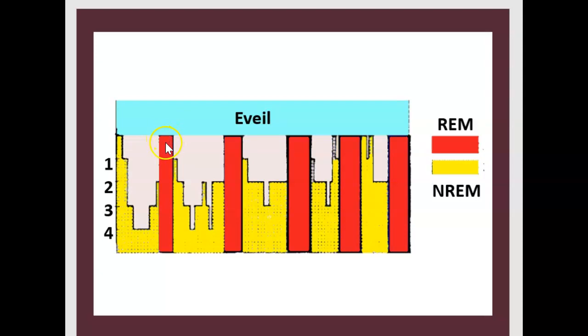This paradoxal sleep or REM sleep occurs more frequently in the second part of the night, and it goes longer and longer with time. Sleep apnea occurs during this REM period.